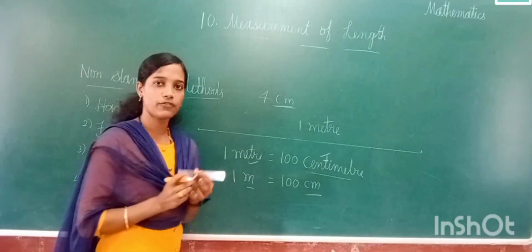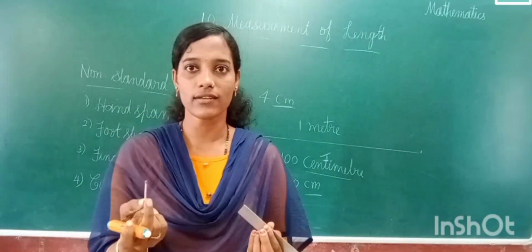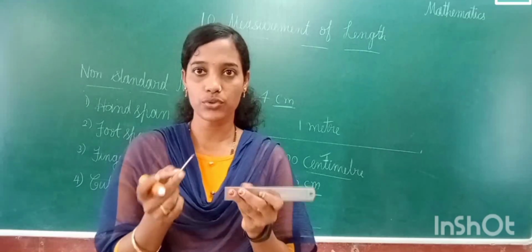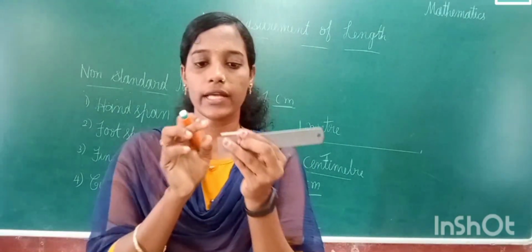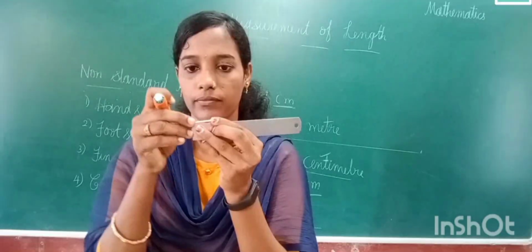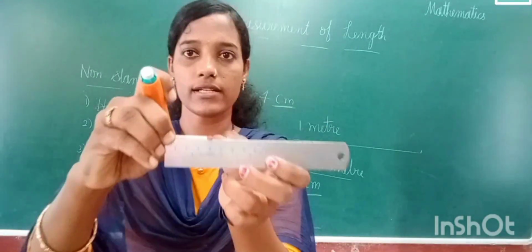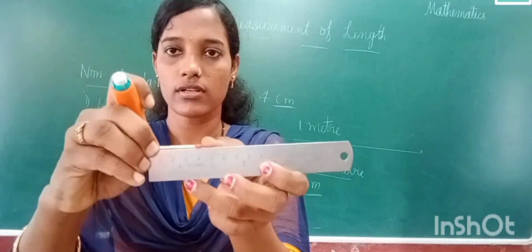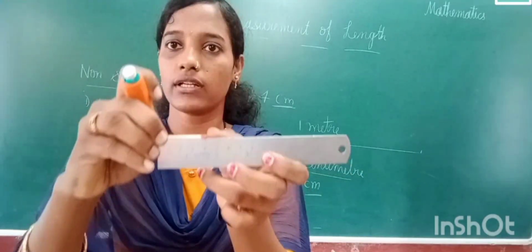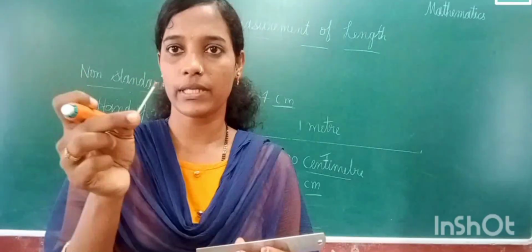What is the length of this mastics? 4 centimeter. How to measure? Yes, we have to place the end of the object at 0 and see where it ends, at 4. So the length of this mastics is 4 centimeter long.